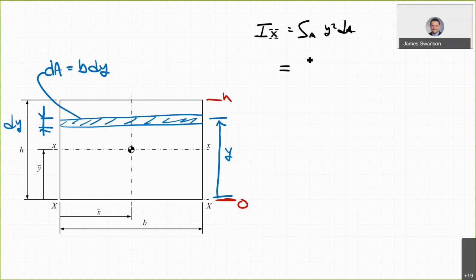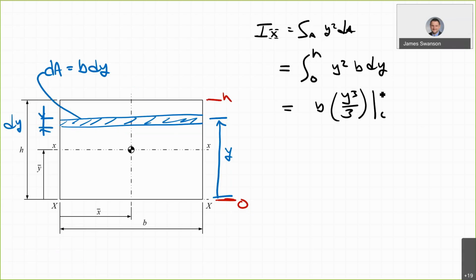This is equal to the integral from 0 to h of y squared times dA, which is b times dy. In this case, we end up with b times y cubed over 3 when we integrate, evaluated from 0 to h. So we plug that in and we get that I sub big X for this is equal to bh cubed divided by 3.